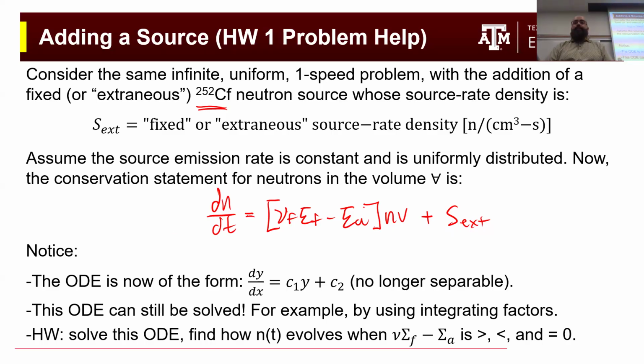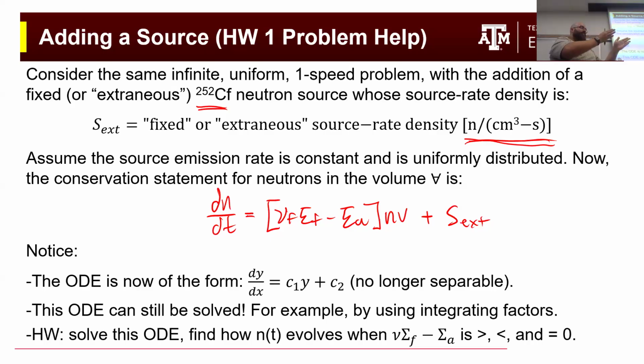And each of these quantities in this equation still has units of neutrons per unit volume per unit time, so the units in my equation are consistent. And if you wanted to start from the very beginning, we would get to the same point. It's just that in your gains, you would have the external source times that volume to make it a source rate instead of a source rate density.